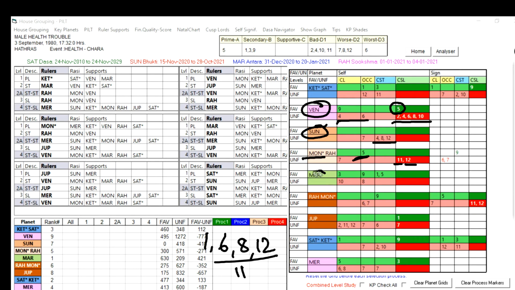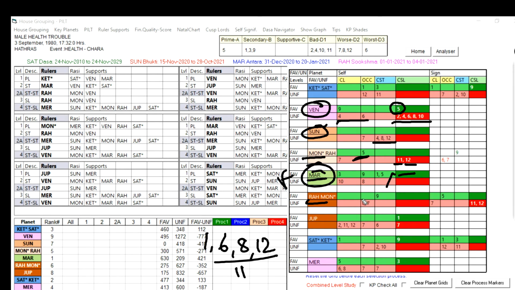Then Mars, 3, 9, 1, 5, is a good planet on the favorable side. Mars is a favorable planet. Though it is not having a cuspal sublord, 3, 9, 1, 5 are strongly present. 10 and 8 is okay, but they are not unfavorable because no 6, 12 significations are present. So this Mars is a favorable house grouping planet. And Rahu is the star lord for the 9th house, and 6 and 7 is okay.